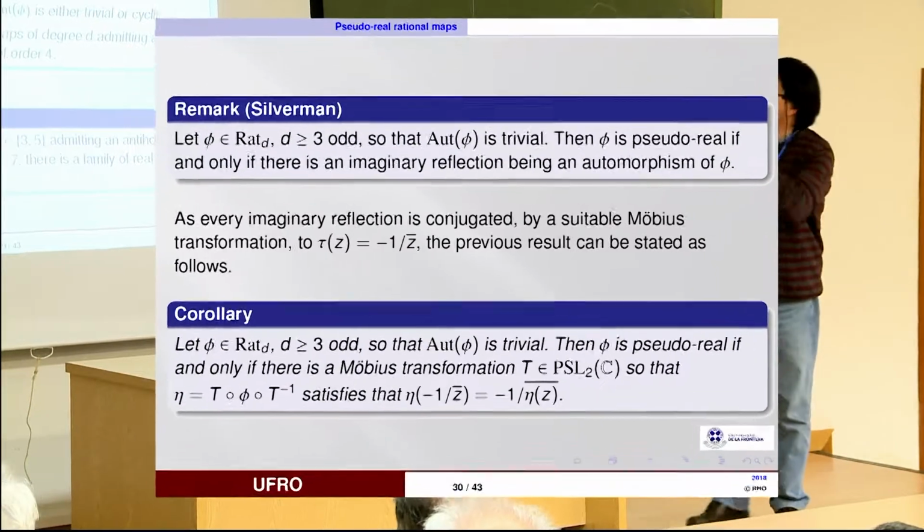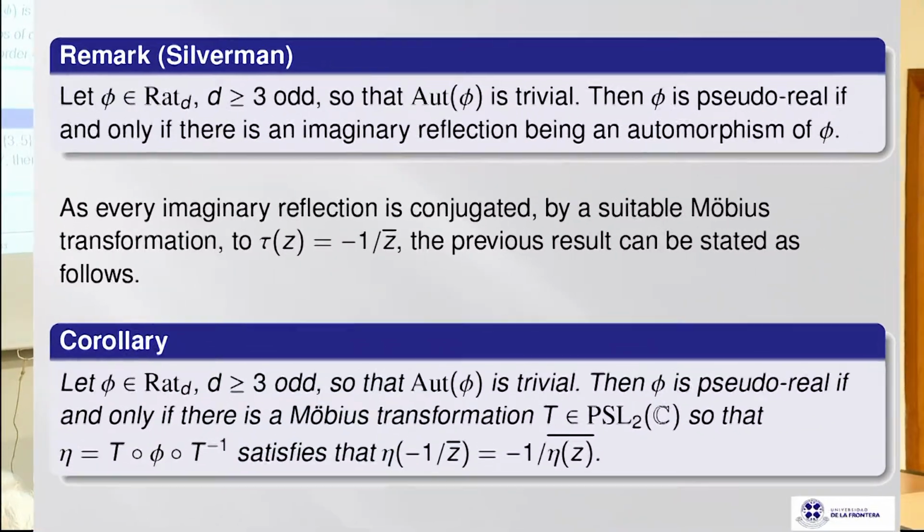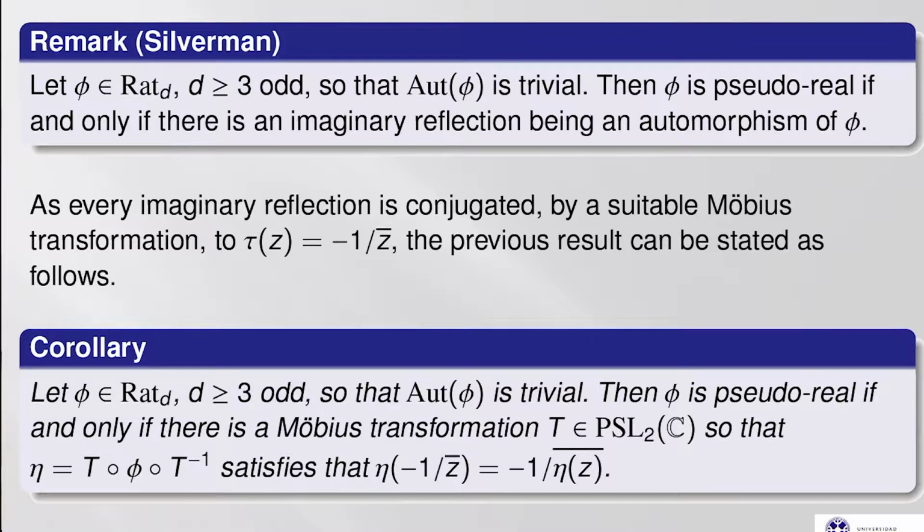But order 4 is okay. This point was also an ingredient in the connectivity property here.